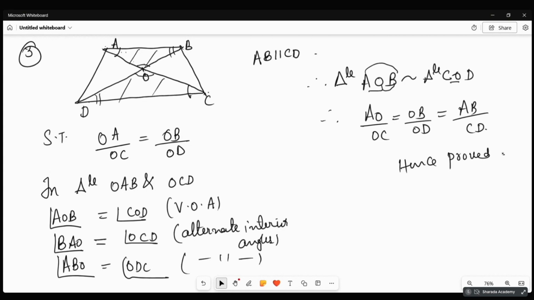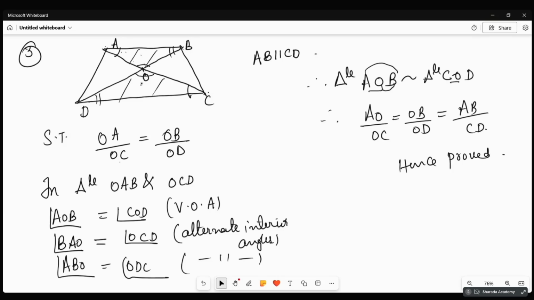Pavan, do you have a doubt? Okay, listen here. I have to prove OA by OC is equal to OB by OD. Okay. So whenever they ask to prove sides are proportional, you are using similarity criteria most of the time. Okay. So I will take triangles OAB and OCD, these two triangles.